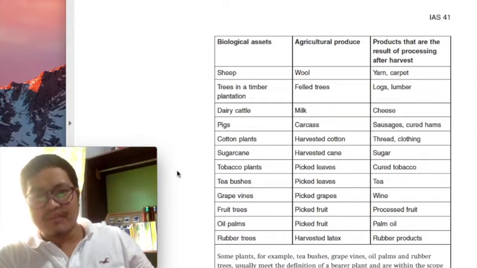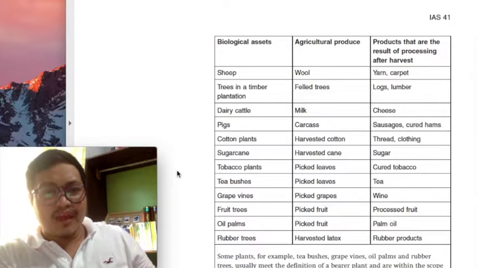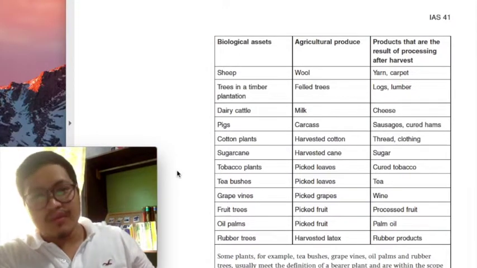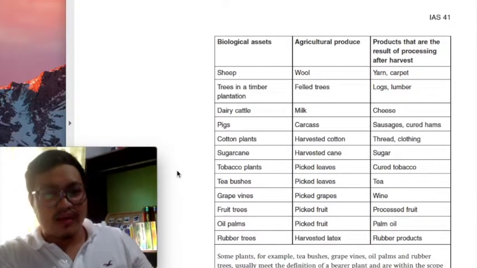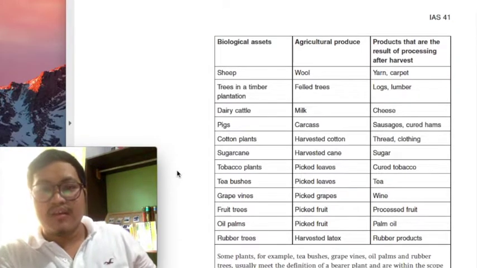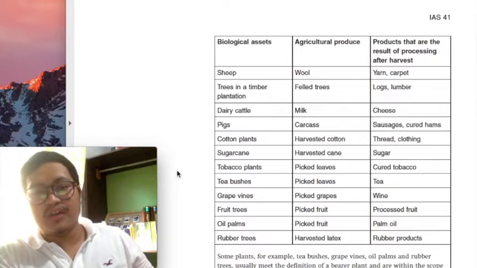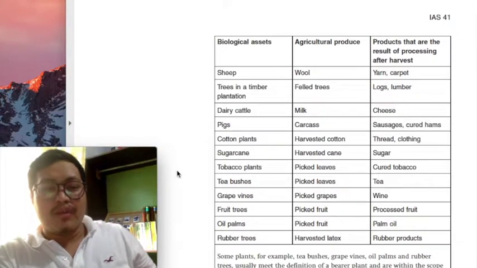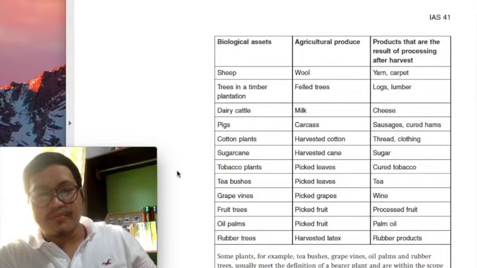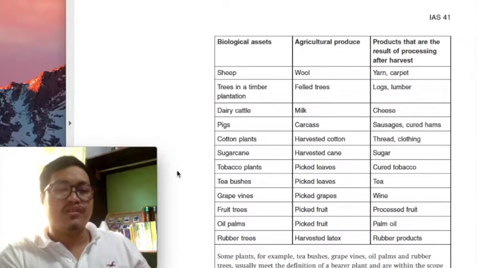So because this information is contained in the standard, you're expected to know that a carcass would be the agricultural produce of a pig, depending also on the choices, and products after processing would pertain to sausages, cured ham, and so on and so forth. Because these are contained expressly in the standard, you're expected to have an idea as to how this works.